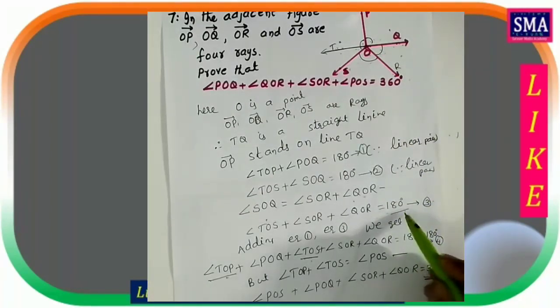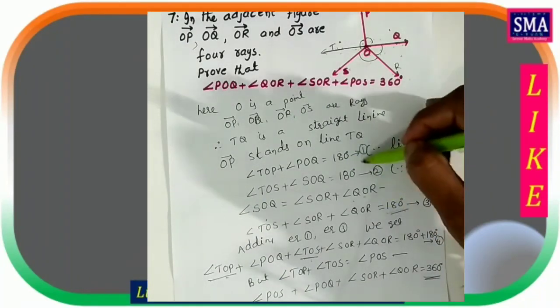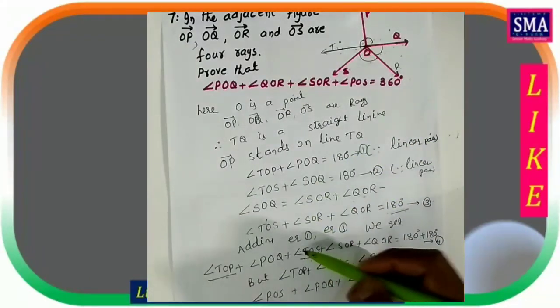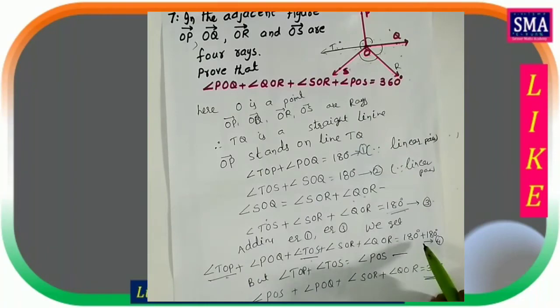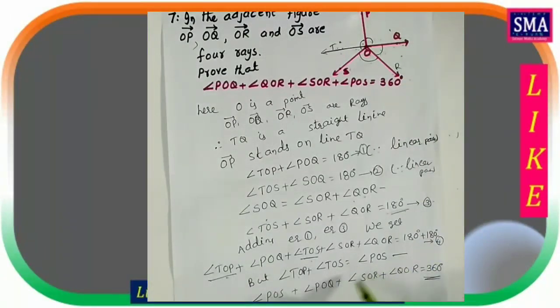Next one, these two equations are added, LHS terms with LHS and RHS terms with RHS. So here TOP and TOS, these two angles equal POS. This value is substituted in equation 4. Therefore angle POS, angle POQ, angle SOR, angle QOR equal to 360 degrees.